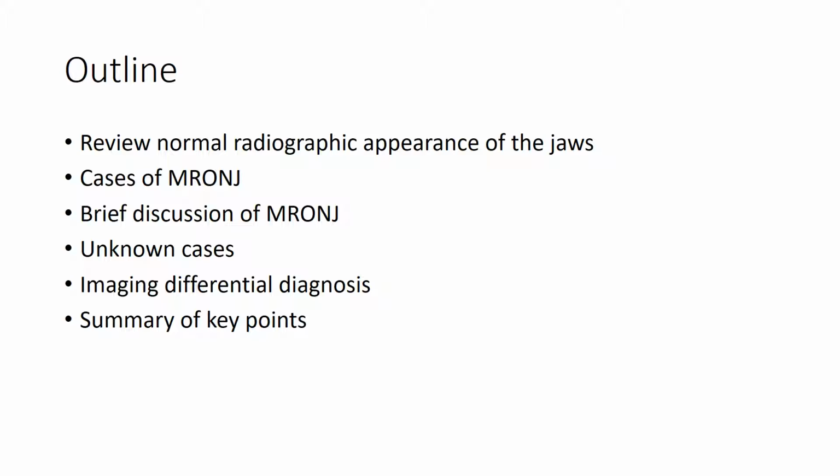I'll then show 2 unknown cases. These are cases that could be medication-related osteonecrosis, but don't quite meet the criteria or not enough clinical information was known to make the diagnosis. And this will lead into a discussion about the imaging differential diagnosis. And then finally, I will summarize the key points.